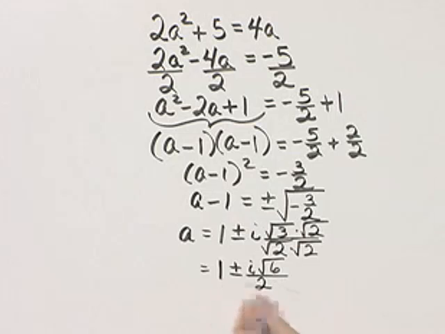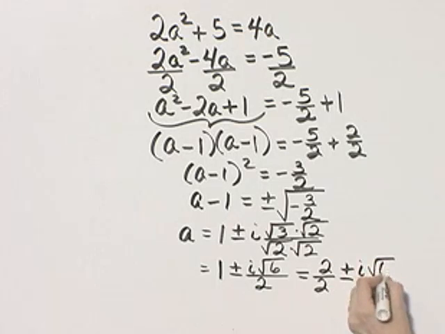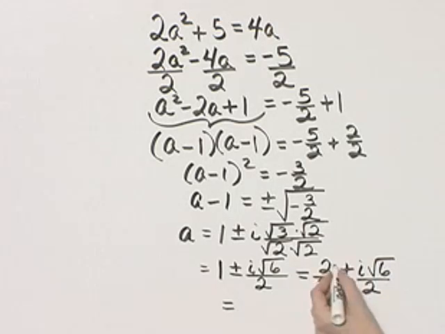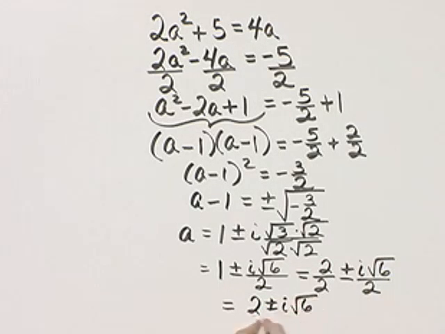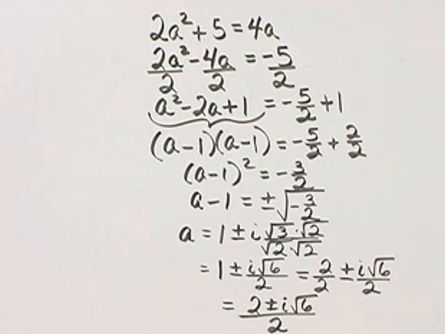And then I'm going to take a step and get a common denominator and put these two terms together. 1 is 2 over 2, plus or minus i square root of 6 over 2. So we have 2 plus or minus i square root of 6, all over 2. Those are two solutions to our original quadratic equation.